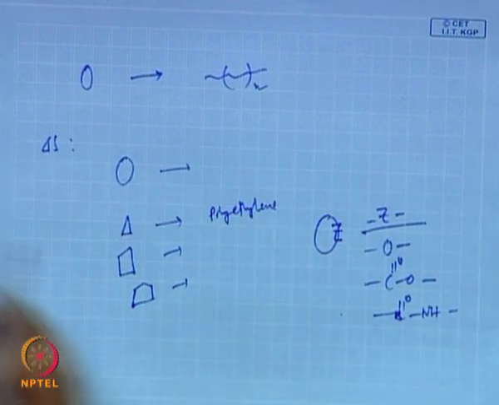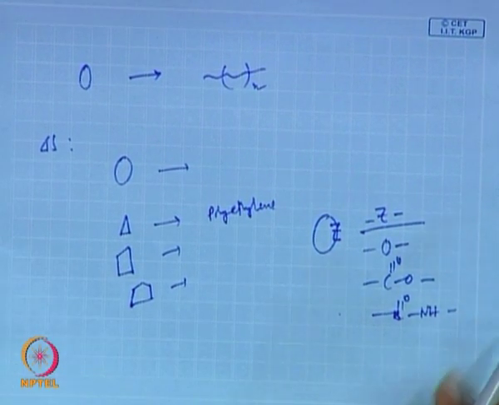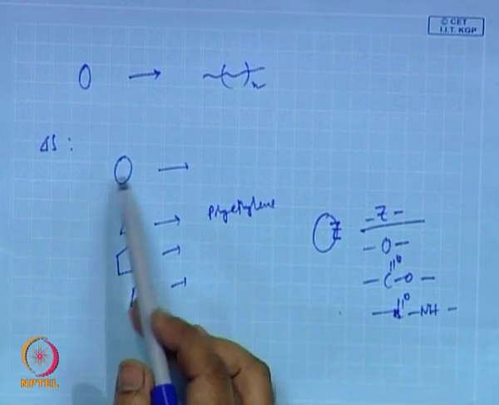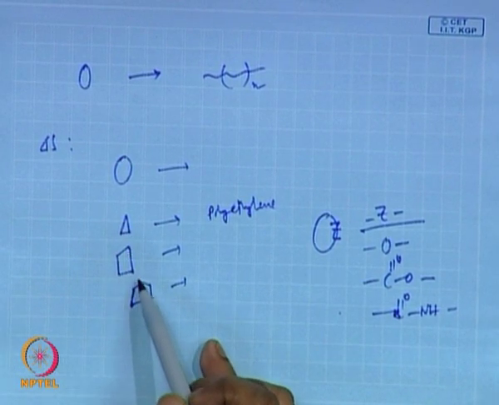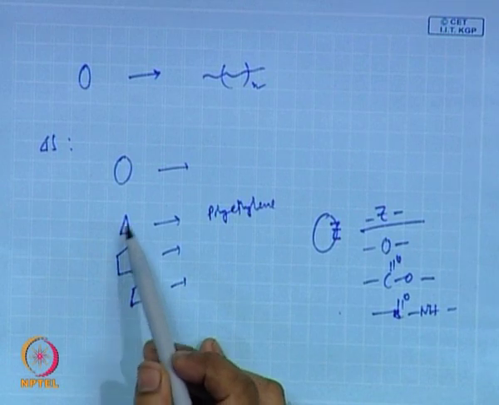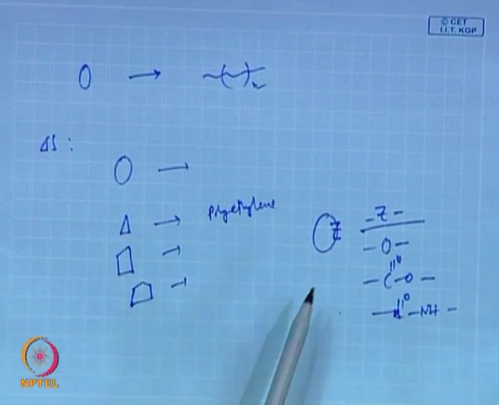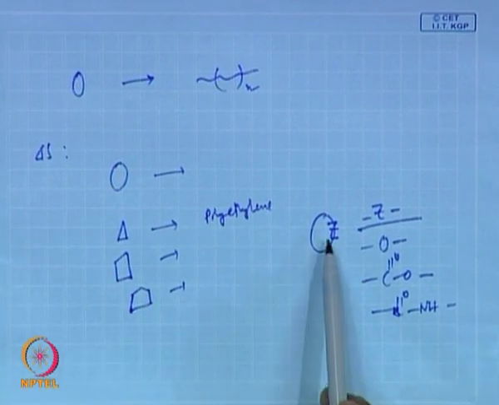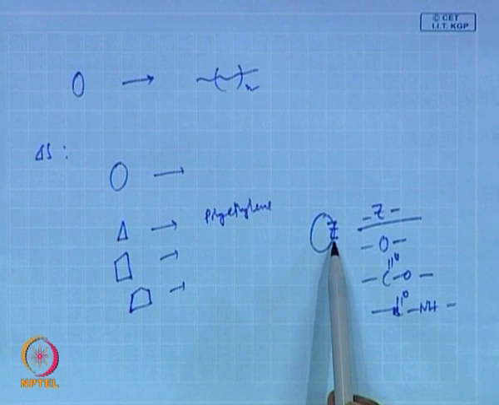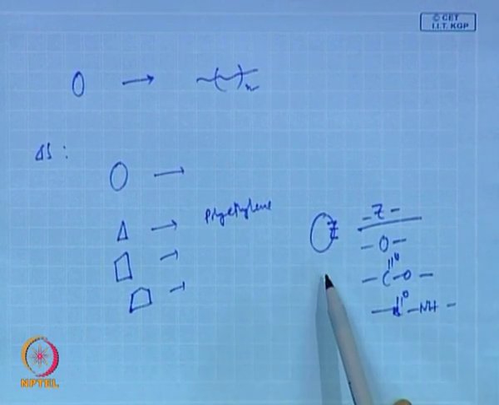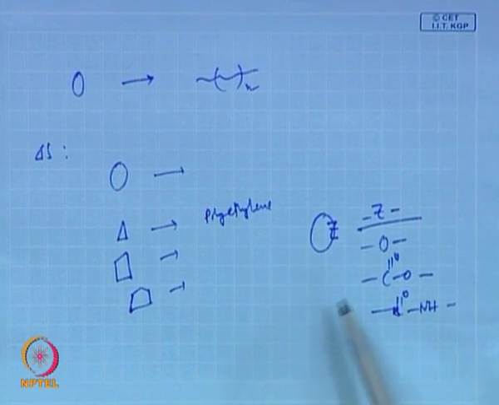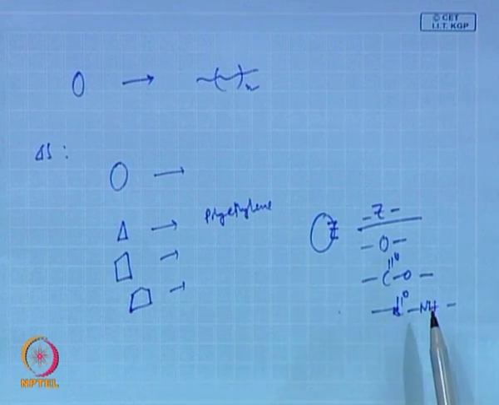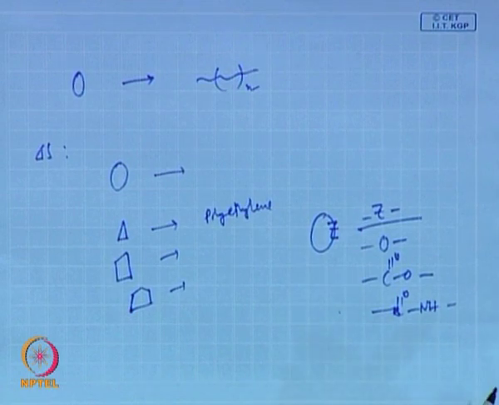So, what we now know is that simple cyclic rings like cyclopentane or cyclobutane do not undergo ring opening polymerization. You require a heteroatom which will enable an electrophilic or nucleophilic attack by external agents, by which the ring will open and then start the propagation reaction, and which will finally lead to a polymer molecule.